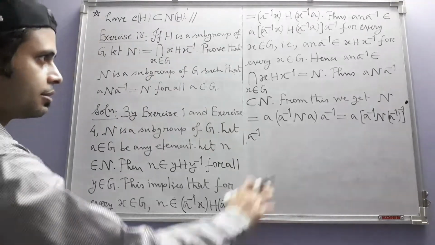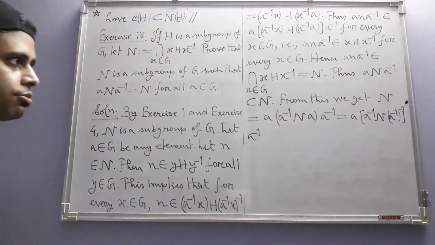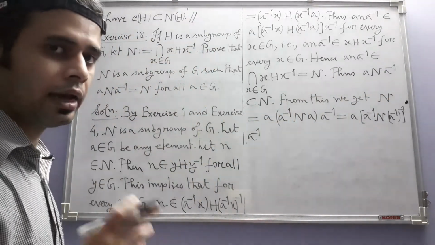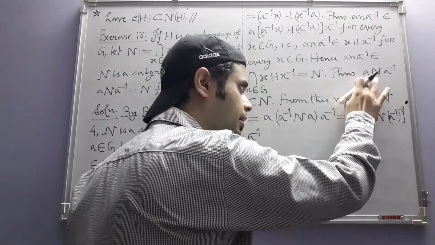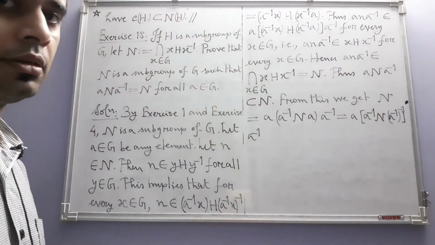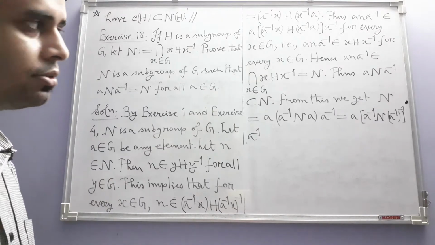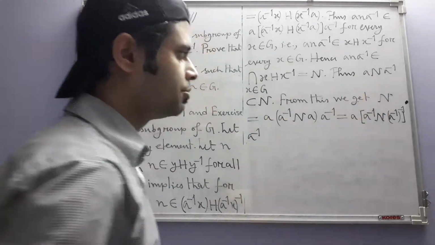Now the fact that this inclusion is true for every element A allows us to replace A itself by its inverse. For its inverse also it will be true. So in place of A we can put A inverse.